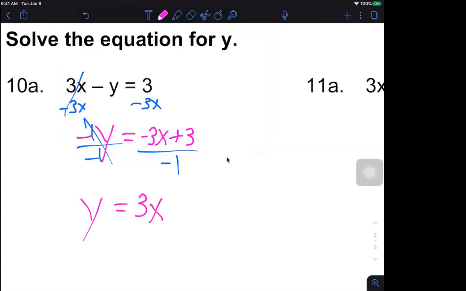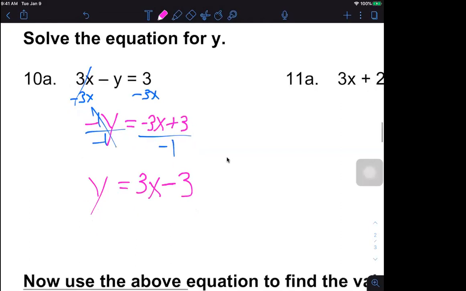A positive 3 and a negative 1 would be a what? Negative 3 there. And another way of thinking about that is negative y. To get a positive, you just take the opposite of the signs on the right-hand side. The opposite of a negative 3x is a positive 3x. The opposite of a positive 3 is a negative 3. And that's all we did.